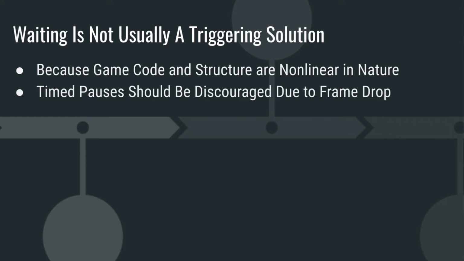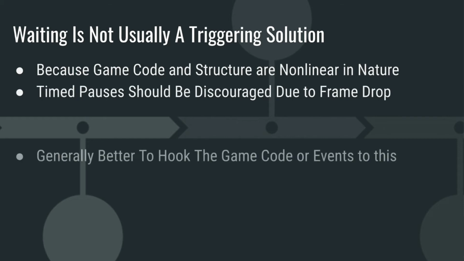If the audio has been set to happen at a particular time in terms of counting frames, it might not be in sync with the actual event that's happening in the game. It might be fine, but it's generally discouraged because of the possibility of the frame rate changing, right? So it's better to hook the game code or events to this. This is really, really common in animations, for example, right?